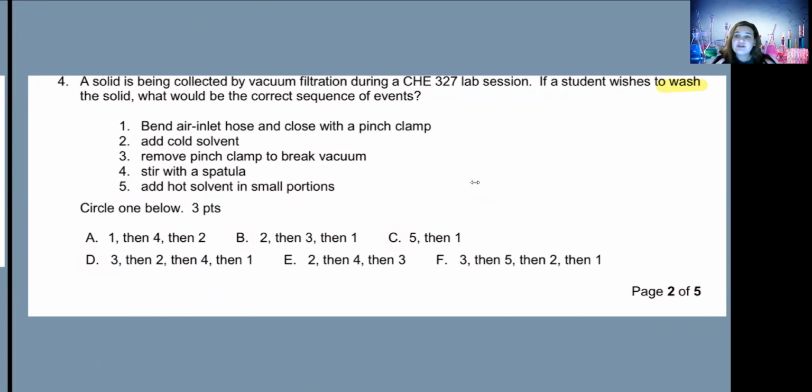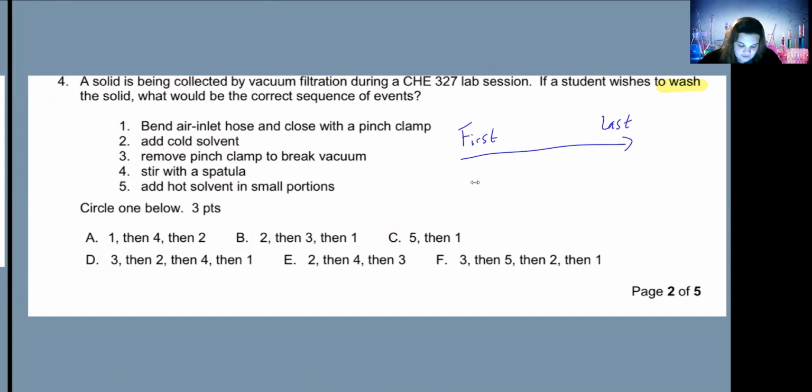Just off the top of my head, the first step is always to open the vacuum with the pinch clamp. And the last step is always to close the vacuum, so close it with the pinch clamp. So let's start there, first all the way to last.